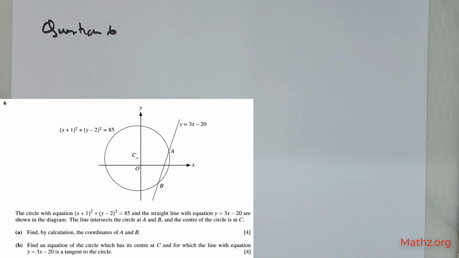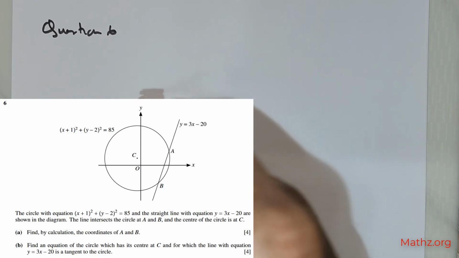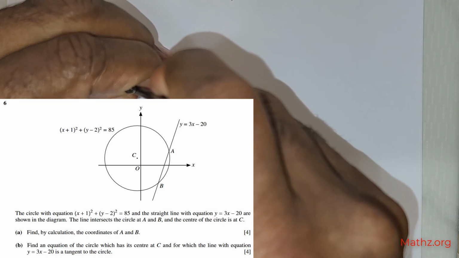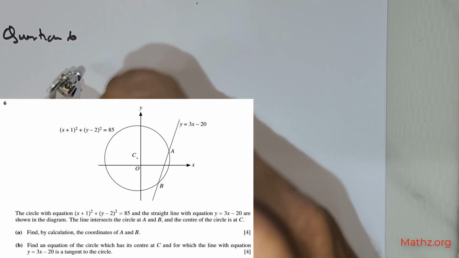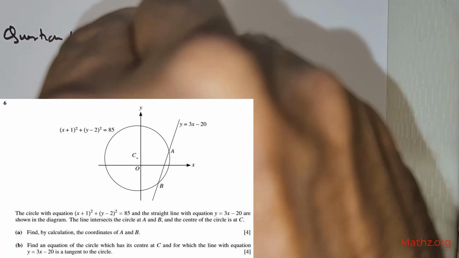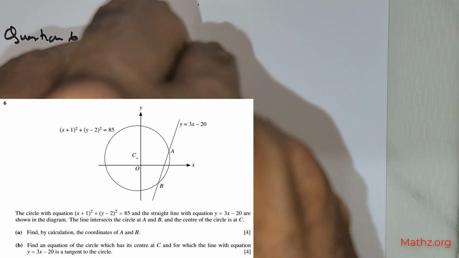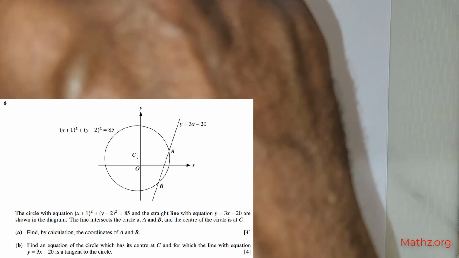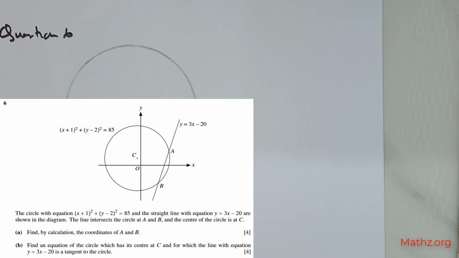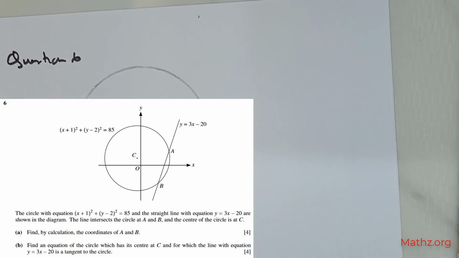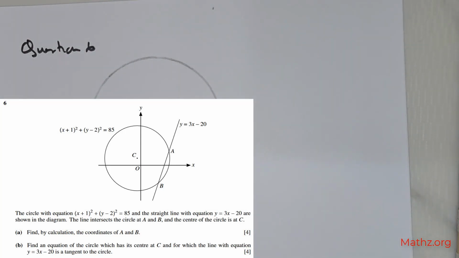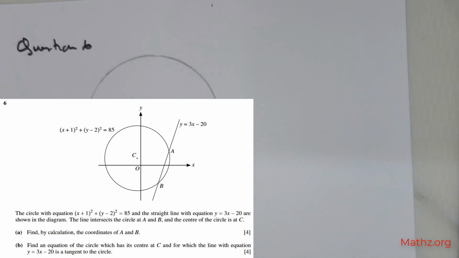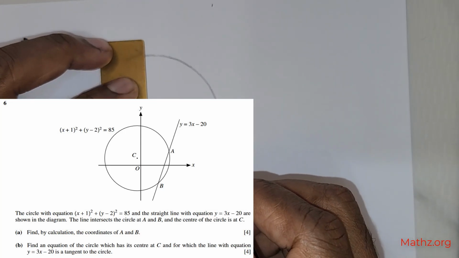Students, this is question number 6. So for that, let me draw the figure. So, got a circle. Okay. Now, we need to add the axis.